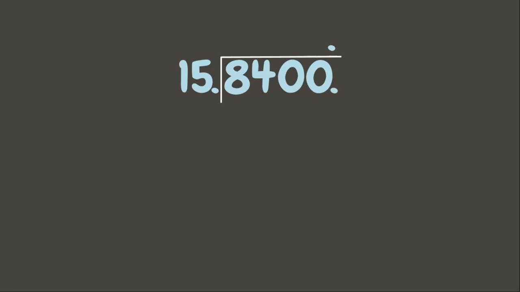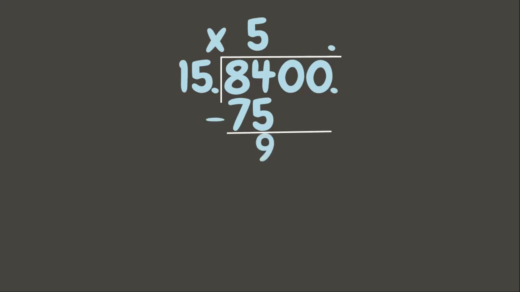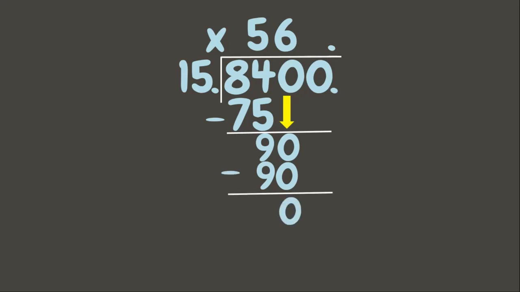Let's divide. 84 divided by 15 is 5. 5 times 15 is 75. 84 minus 75 is 9. Let's bring down 0. 90 divided by 15 is 6. 6 times 15 is 90. 90 minus 90 is 0.